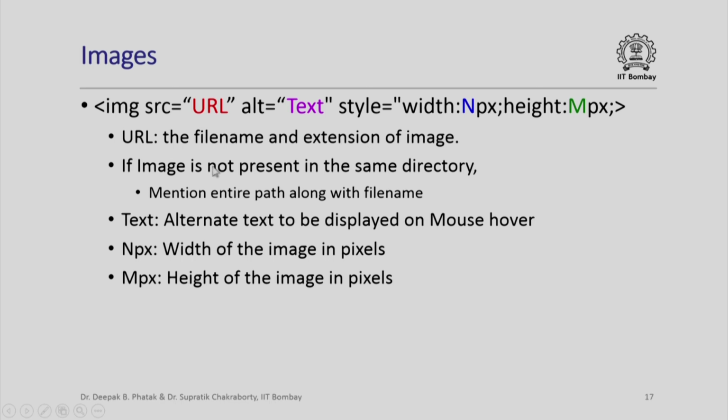For example, if image is to be displayed and while it is taking some time to display, when you hover with your mouse on that area, you will be able to see the text that you have written here. You can define the style in which you can specify the width and height in terms of number of pixels, NPX and MPX.